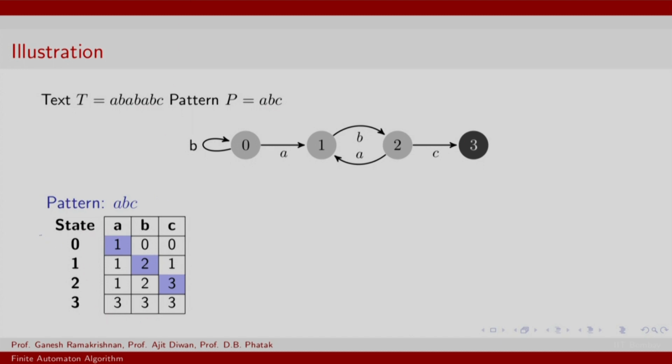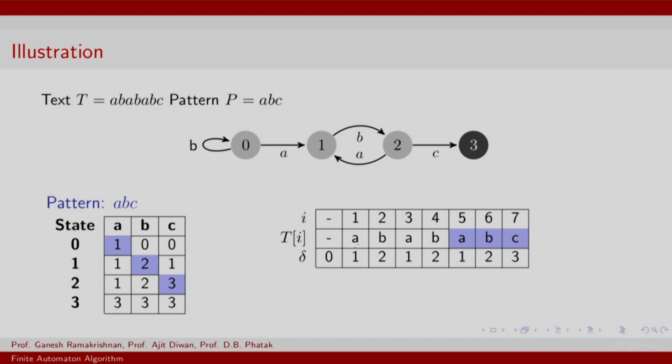So this is nothing but our delta which was obtained by virtue of our algorithm, and now we can see the algorithm in action. So starting at position 1, when you see input A, the delta for 0 tells you to go to 1, and that is what we have done.